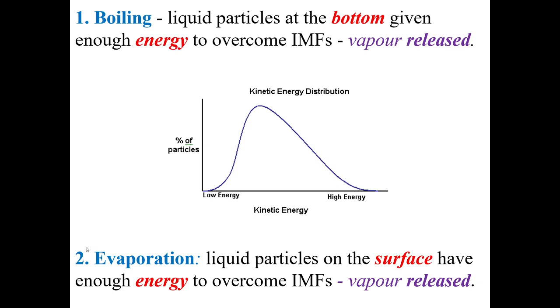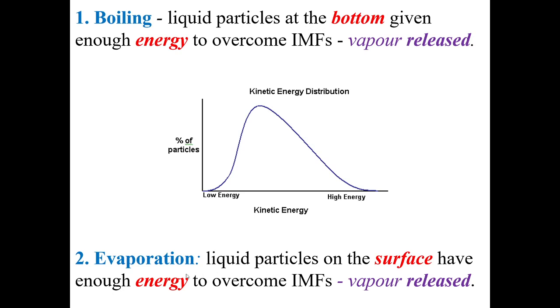By contrast, that's the wording I'm looking for. By contrast, evaporation is when liquid particles on the surface have just enough energy to overcome those IMFs. Think about outside, where you've got puddles in the parking lot that over the course of the day, on a nice sunny day or whatever, will evaporate.